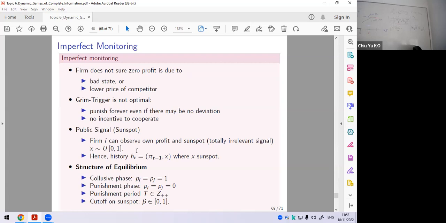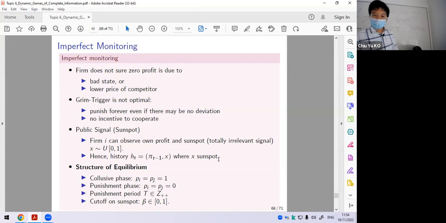We collaborate through this kind of random device. The idea is we set the monopoly price, 1, as collusion. If we punish, we set 0, and we punish for T periods. Whether you get punished is based on a cutoff.